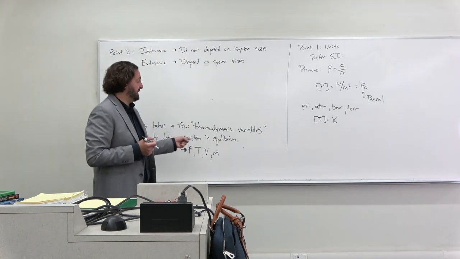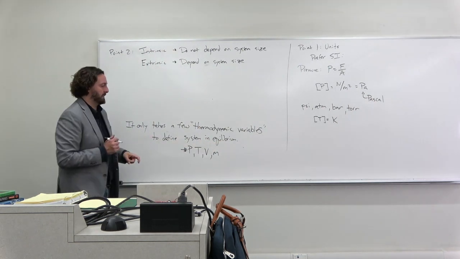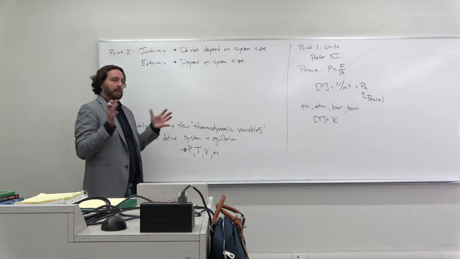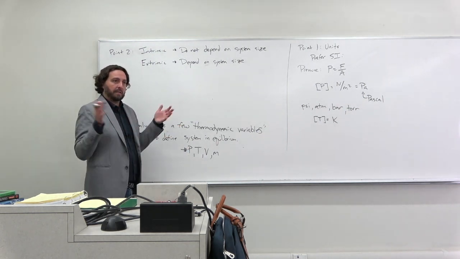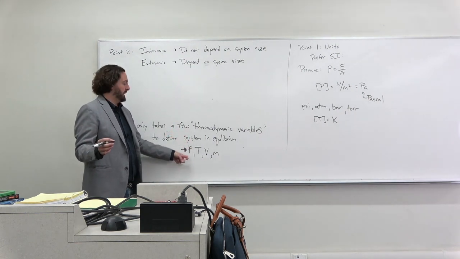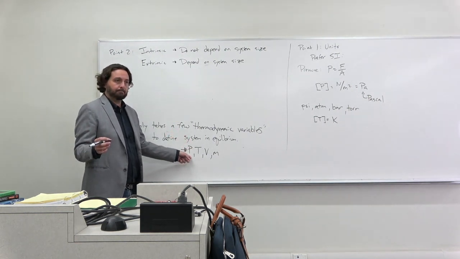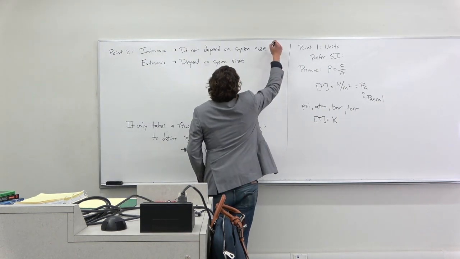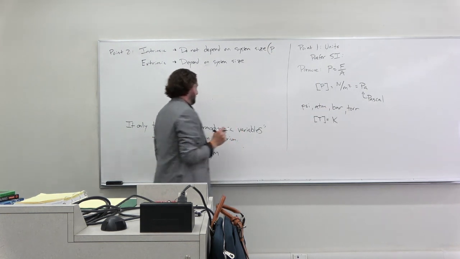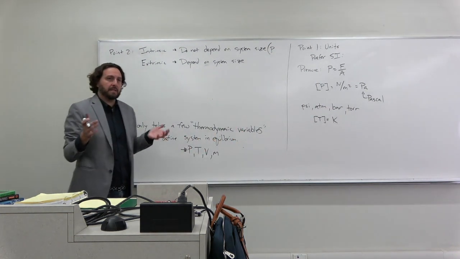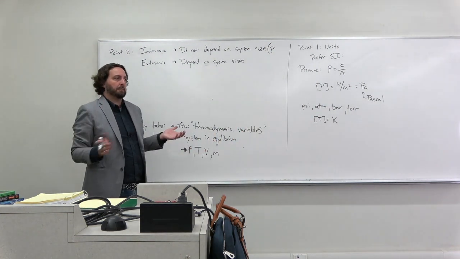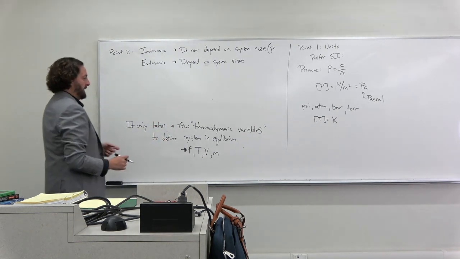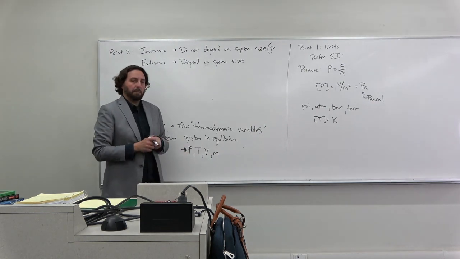So do these variables depend on system size? Okay, so let's take the first one, pressure. If I have a certain volume of air in the room and I double the volume of air in the room, do I change the pressure? Hopefully you answered no. So pressure is an intrinsic variable. It doesn't matter how much of it I have. Similarly, temperature.